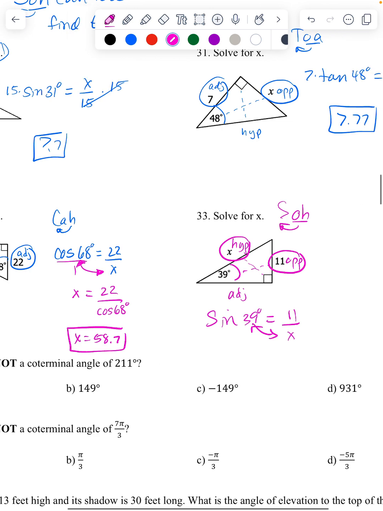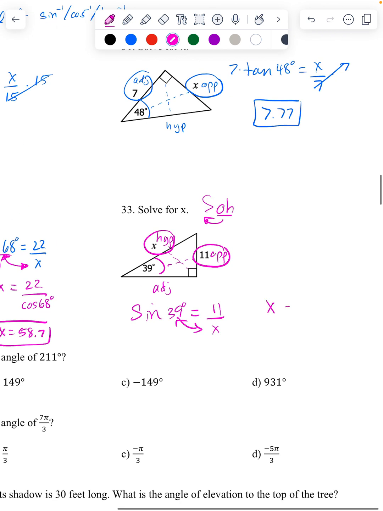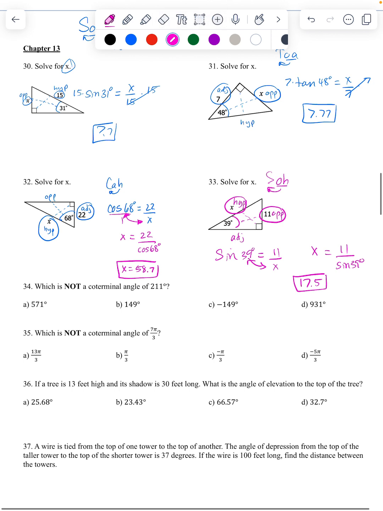And with that x in the bottom, I can just swap that out. And then I'll take the 11 divided by the sine of 39. So that's turning out to be 17.47 or 17.5-ish.